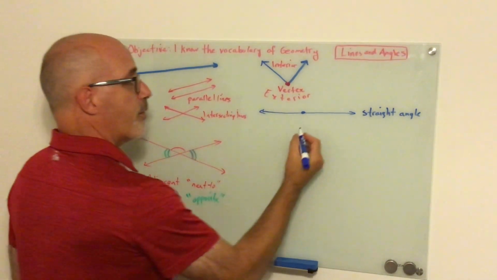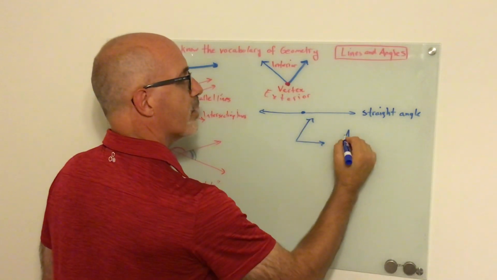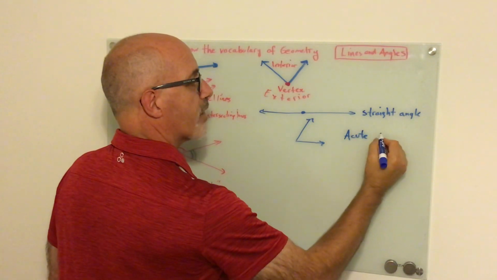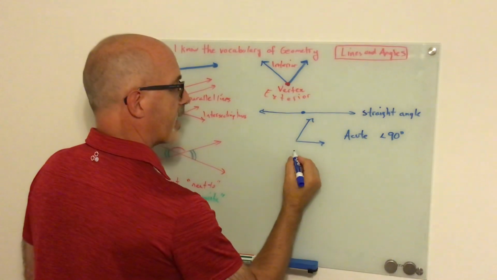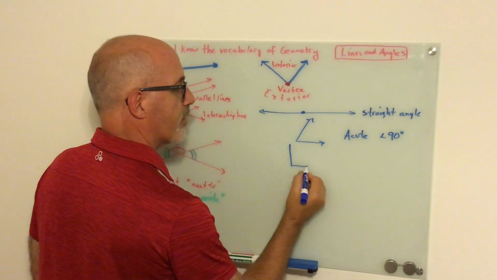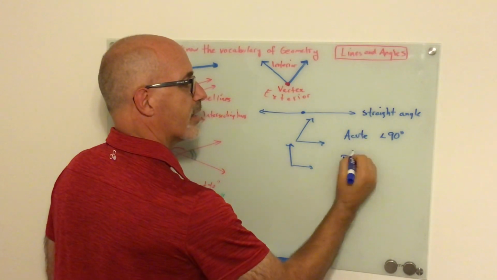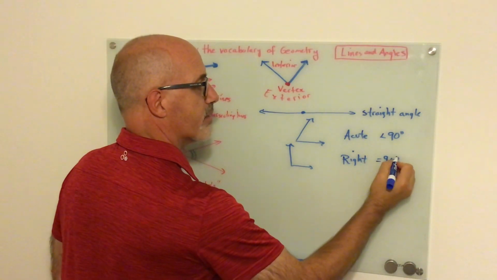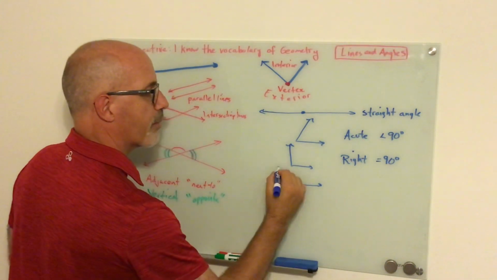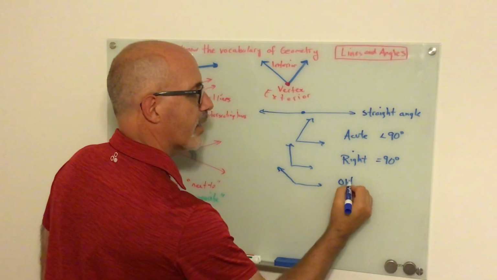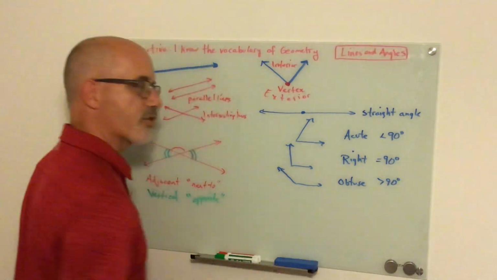Now, if we want to categorize some of the other ones, we've got an acute angle, and an acute angle is less than 90 degrees. We've got a right angle, which equals 90 degrees. Then we've got an obtuse angle, which you're probably familiar with. Obtuse is greater than 90 degrees when we measure it.